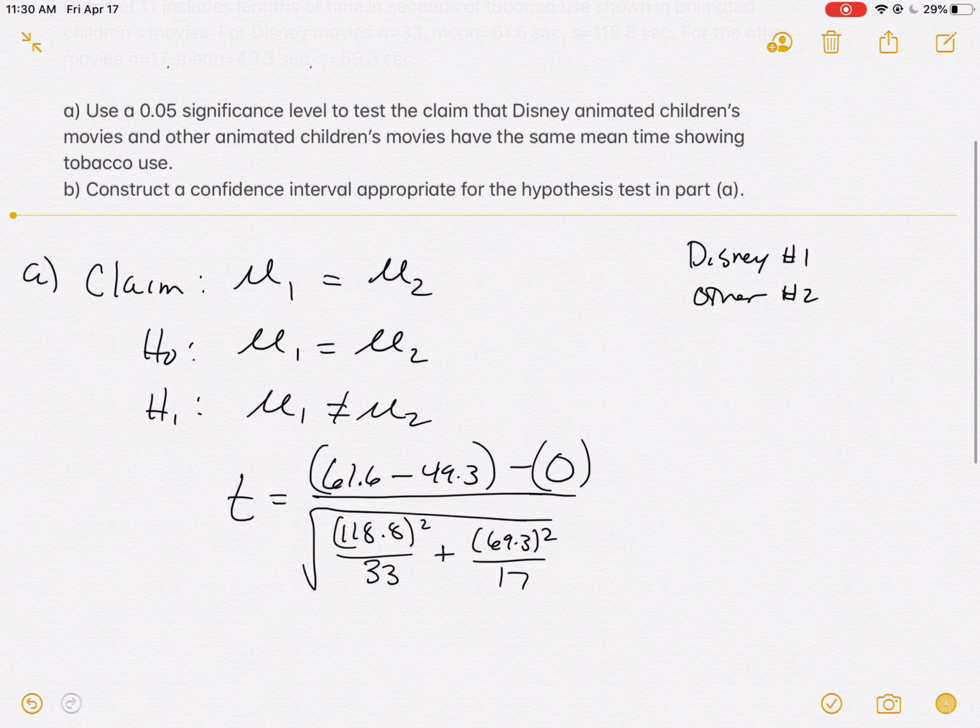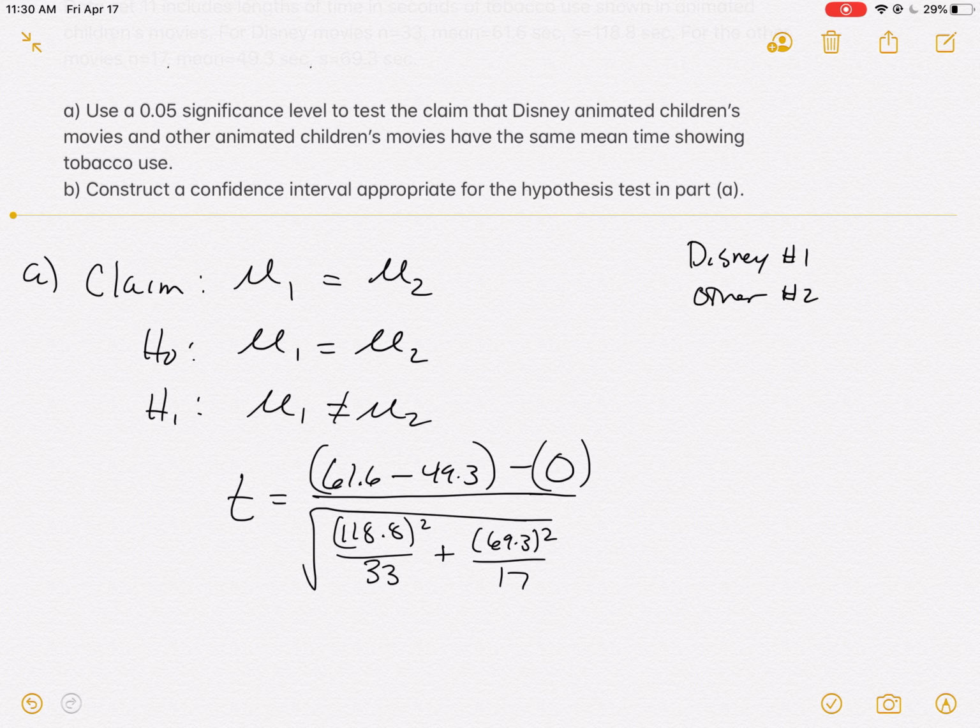And we're going to run this. We're going to take our 61.6, subtract away the 49.3, hit equals, divide by the square root, and 118.8 squared, using no parentheses, divided by 33, still using no parentheses, plus 69.3 squared, divided by 17.